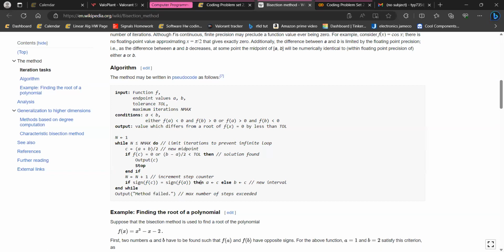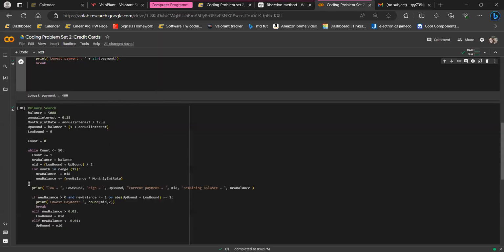And like we're seeing here, if the sign of your midpoint equals A, then A equals C, else B equals C. Well, I'll just show you what that's essentially like. It's this right here, this elif.